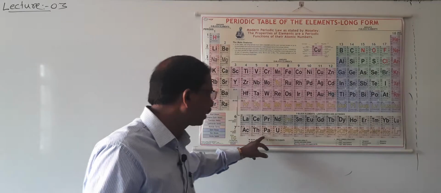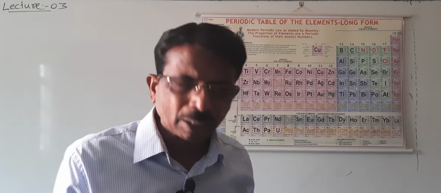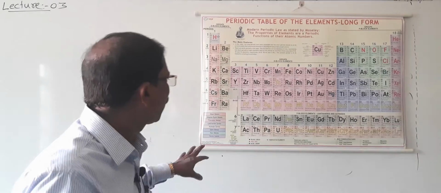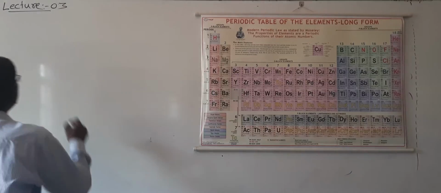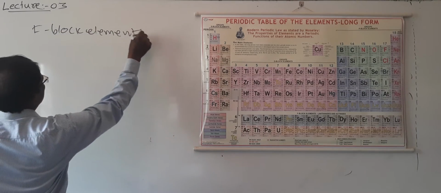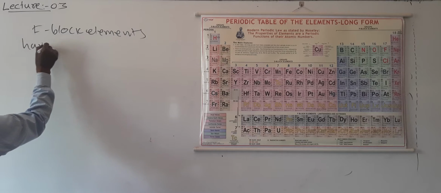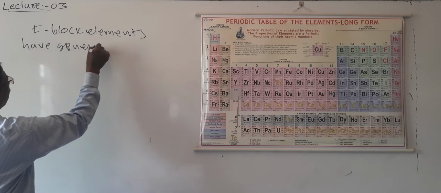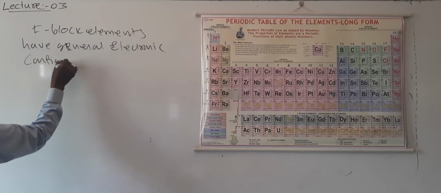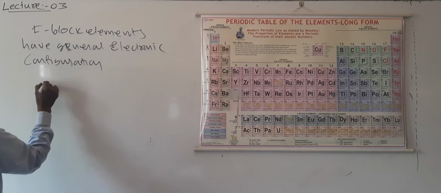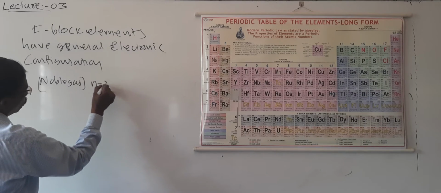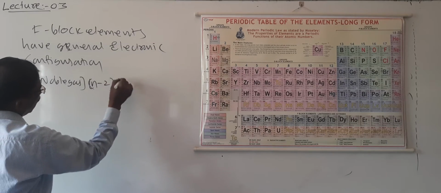In the actinide series, many elements are man-made. These are prepared in laboratories. The f block elements have a general electronic configuration: noble gas, (n minus 2) f 1 to 14.